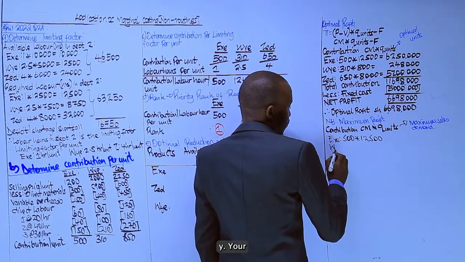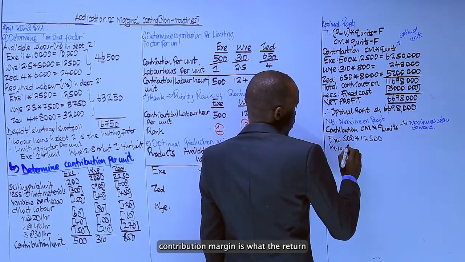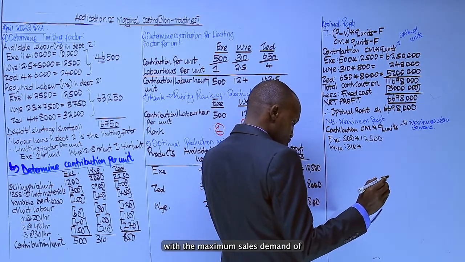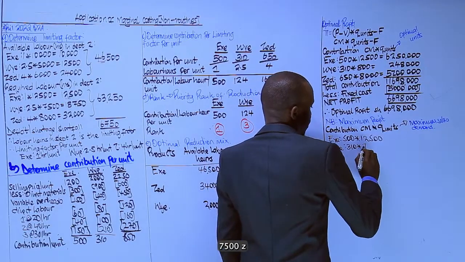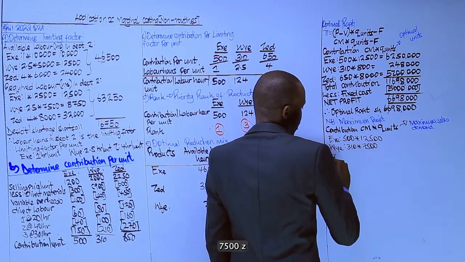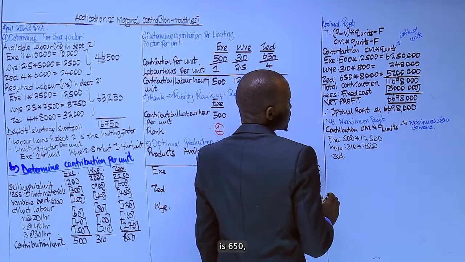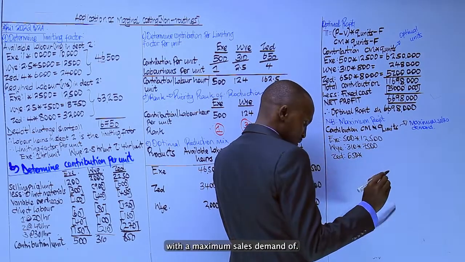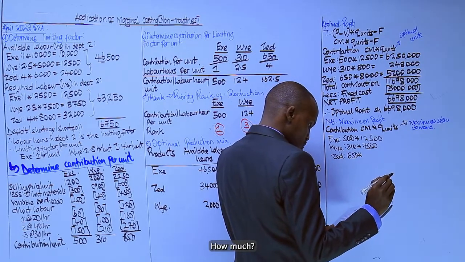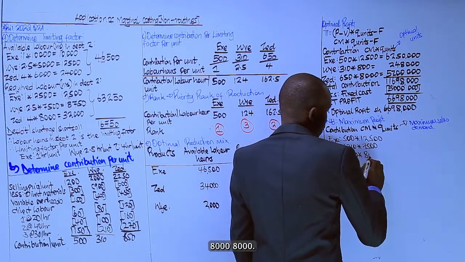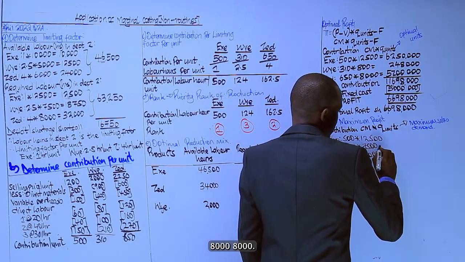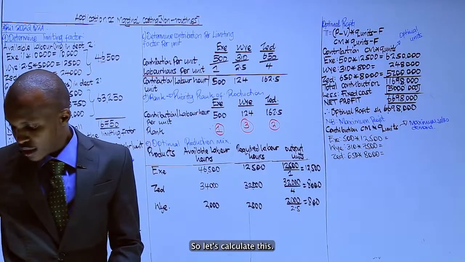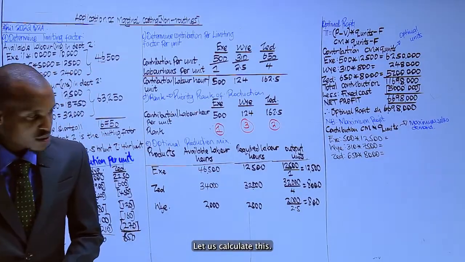For Y, your contribution margin is 310, with a maximum sales demand of 7,500. Z is 650, with a maximum sales demand of 8,000. So let's calculate this.